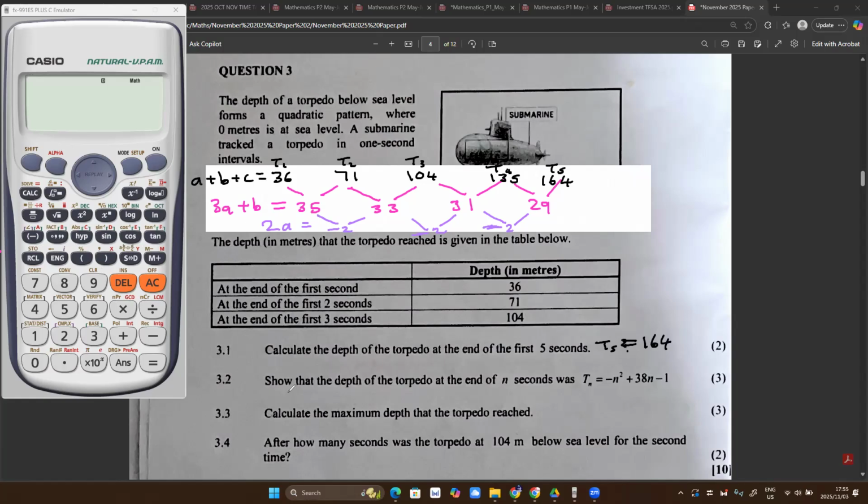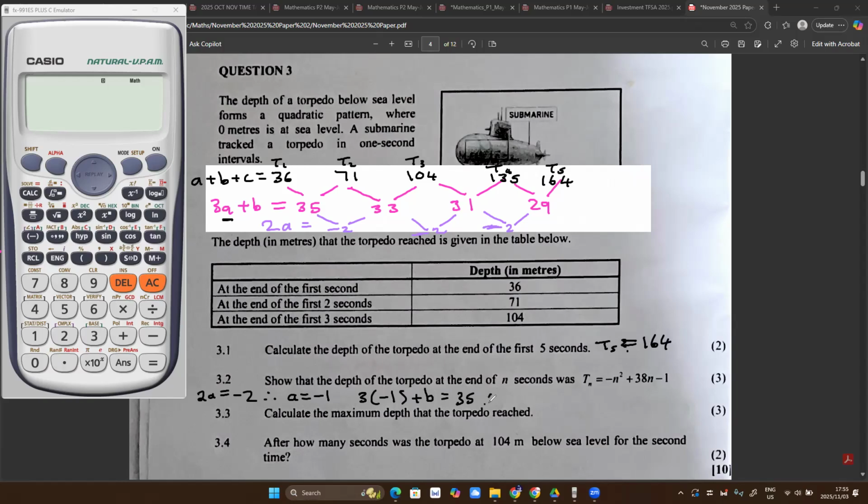Okay, so let's do that. 2a equals minus 2, therefore a is equal to minus 1. Then 3 times minus 1 plus b, I'm substituting negative 1 in for a here, is 35, and so we get b is equal to 38.